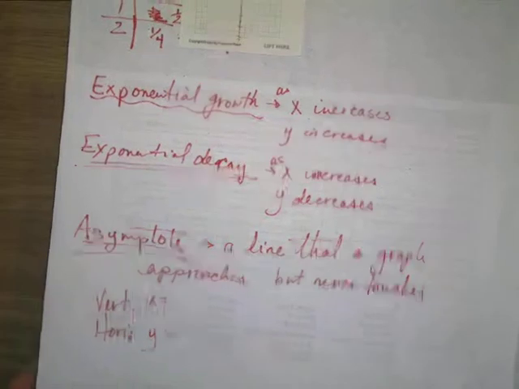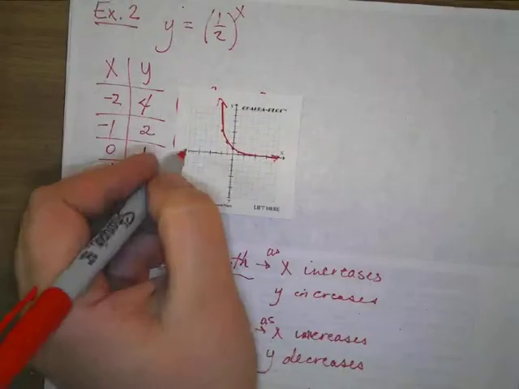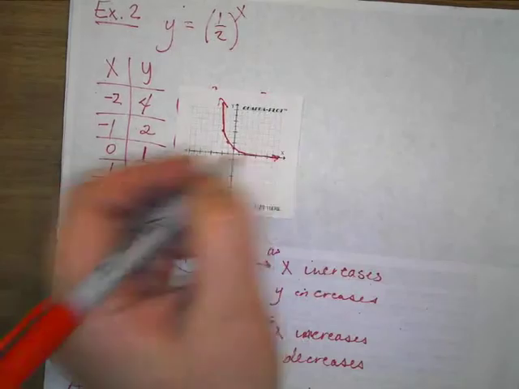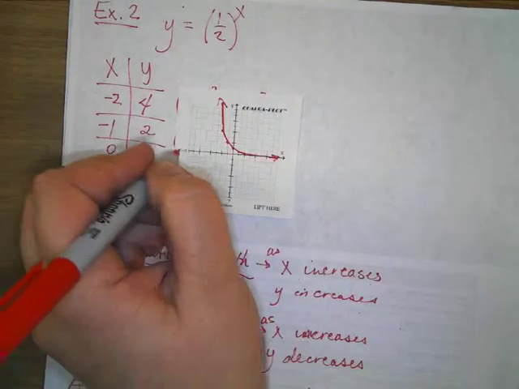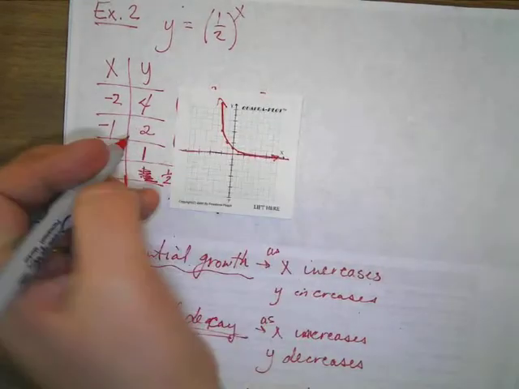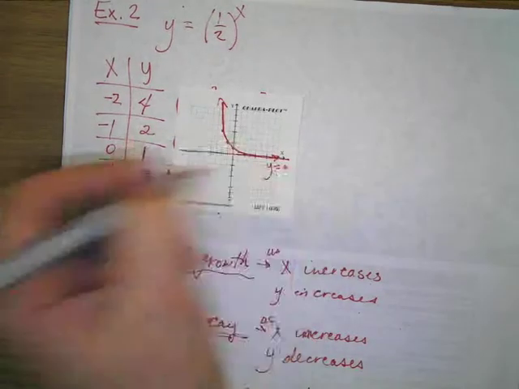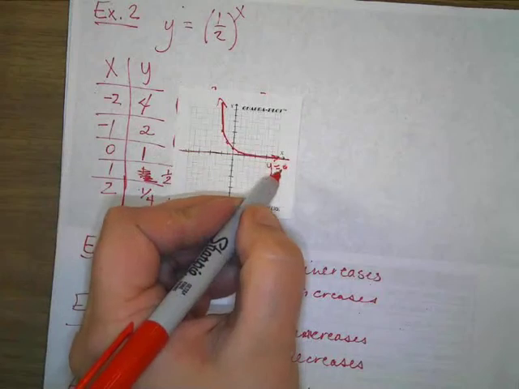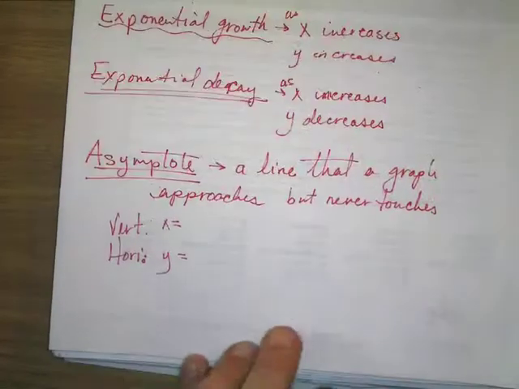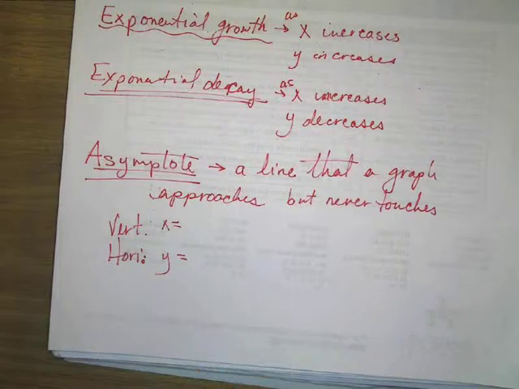And so if you looked at these guys right here, it's a horizontal asymptote that it never crosses. And what's the value of y along the x-axis? 0. We would say there's a horizontal asymptote at y equals 0. Is that all right? Because the horizontal lines are y equals.